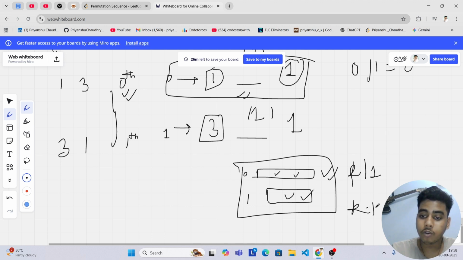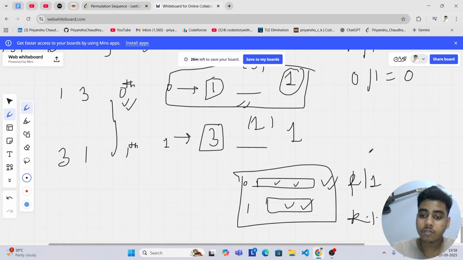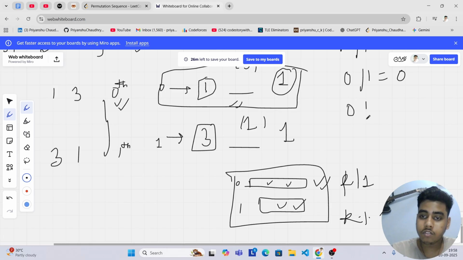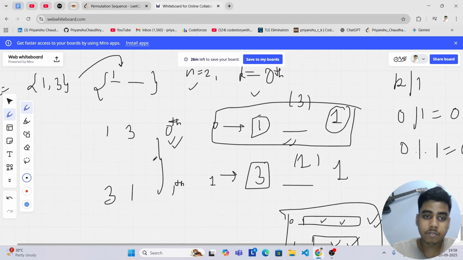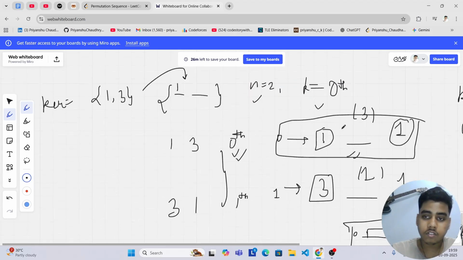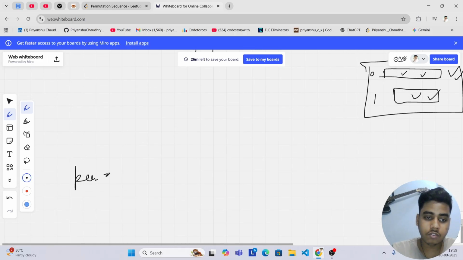For that I will do modulo 1, and this will tell me at which position my 0th element is saved. So 0 modulo 1 is 0. So now my problem is reduced, and my new permutation will be what? I have used 1 now.